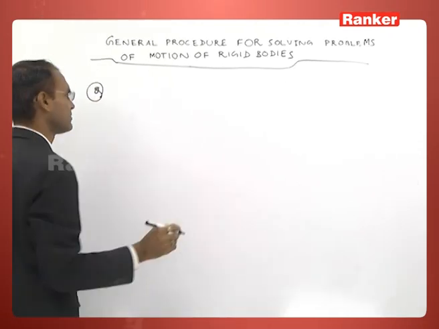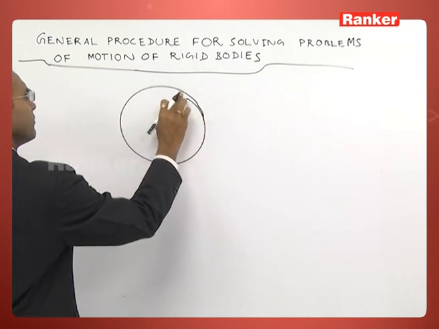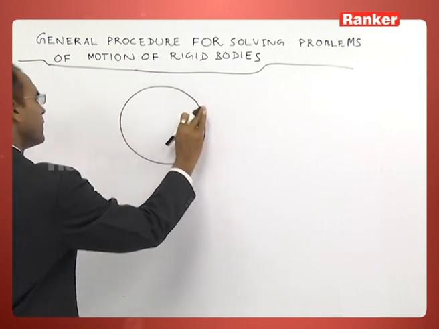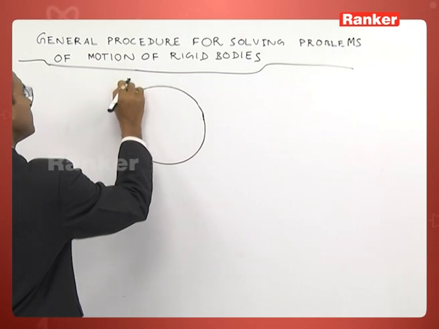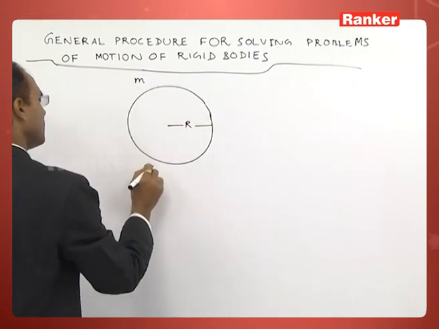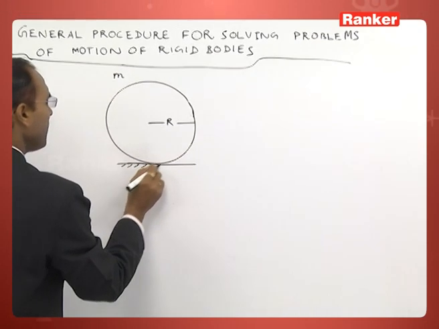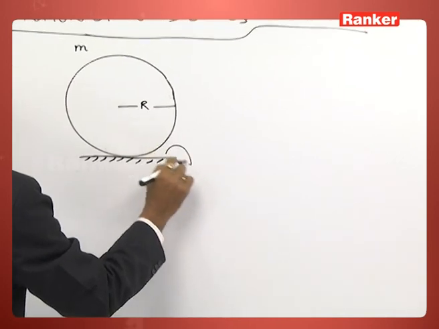Let us assume that this disk of mass m and radius r is placed on a smooth horizontal floor.